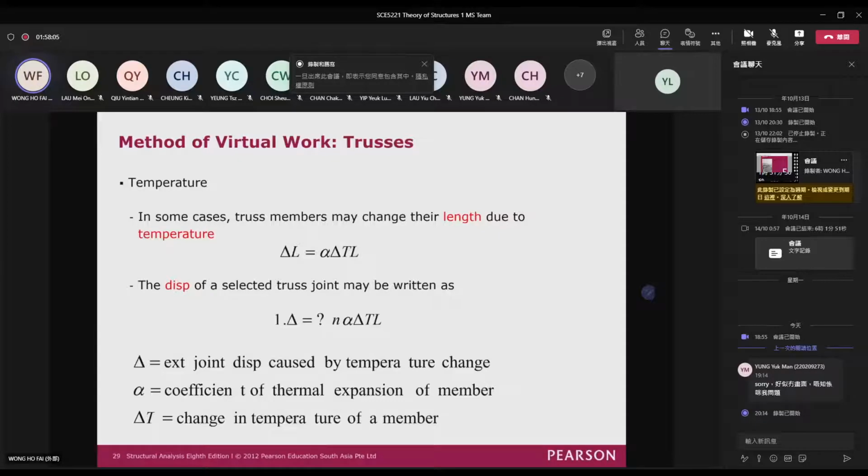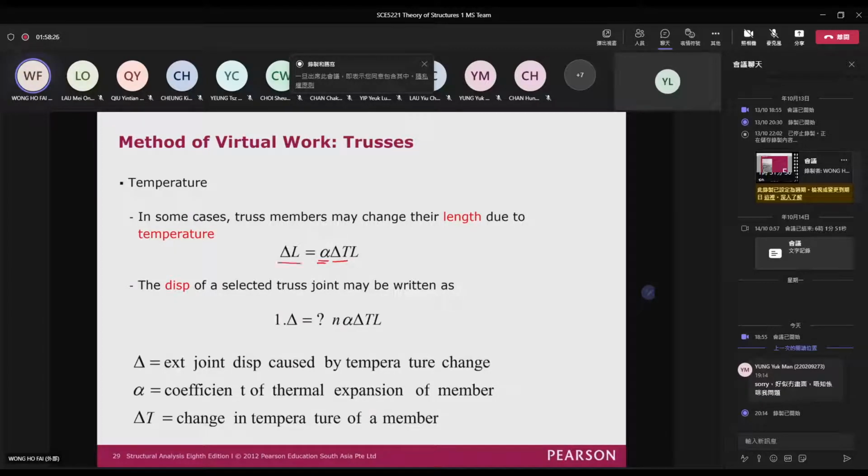For example, when there is a temperature change, say if the temperature increases, it will cause the member to increase in length. Then you use the temperature coefficient alpha, and this is the change of temperature.